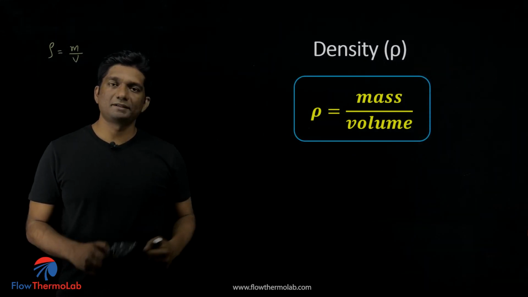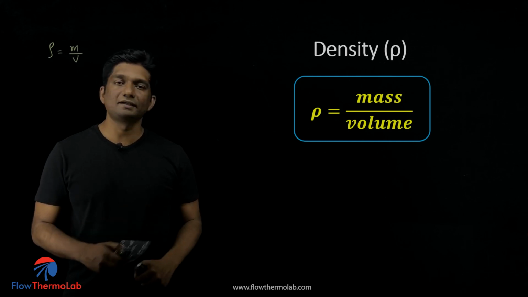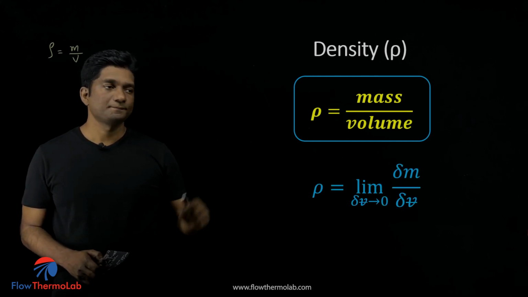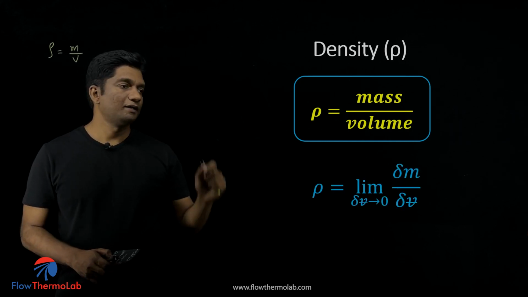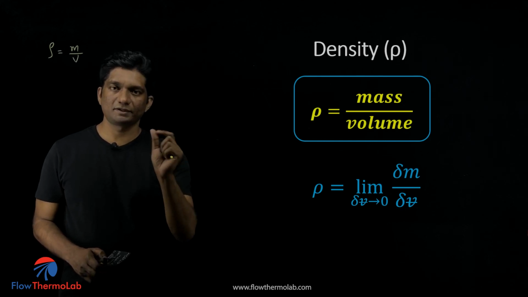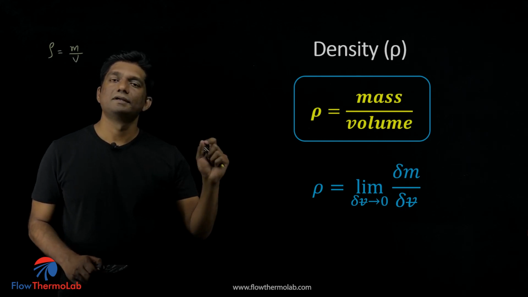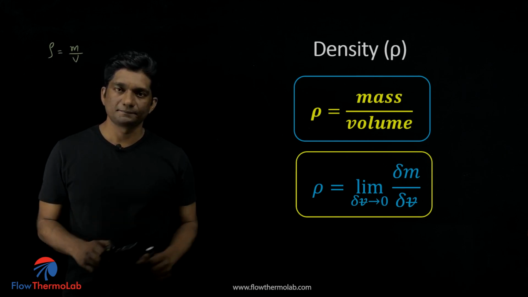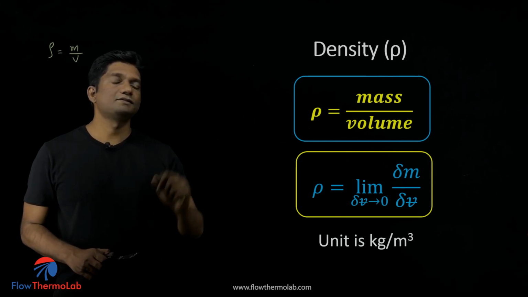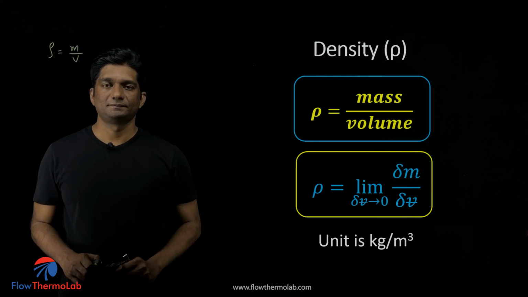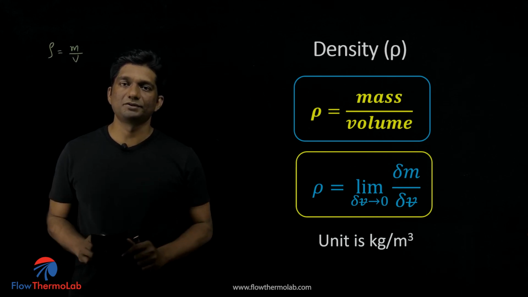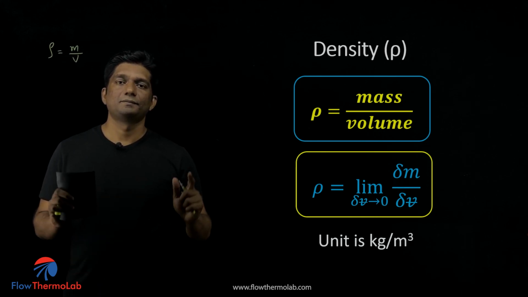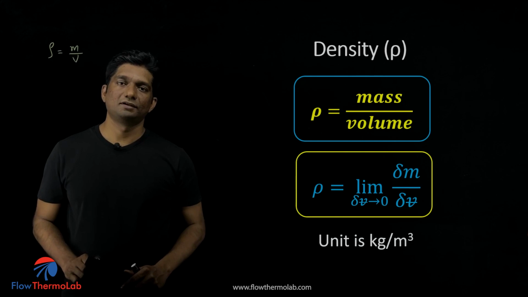In a more technical way, you can define it as a point function: the limit as dv, the small tiny volume, tends to 0 of delta m by delta v. And the unit is kilogram per meter cube. This much everybody should be very familiar with because you have learned it in your school physics.